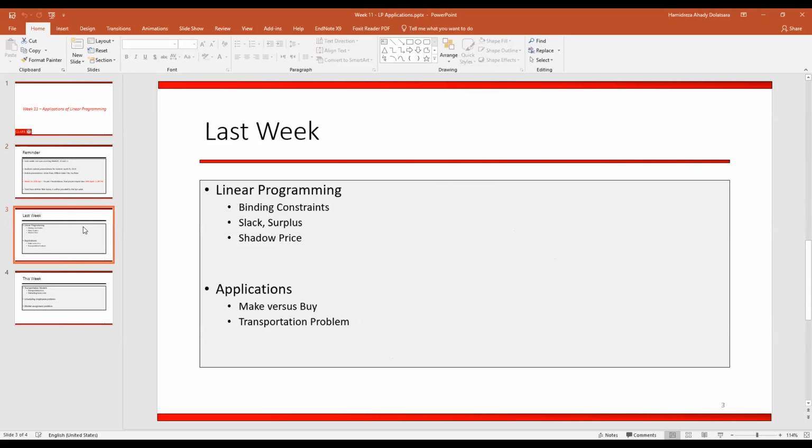Last week we talked about general linear programming, what binding constraint, slack, surplus, and shadow price mean, and we had some examples. Also, we had two very basic applications. As I said, the way that you learn linear programming is you need to expose yourself to more problems, because each problem is unique.